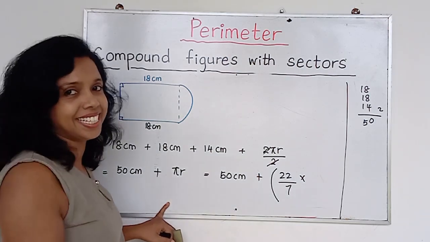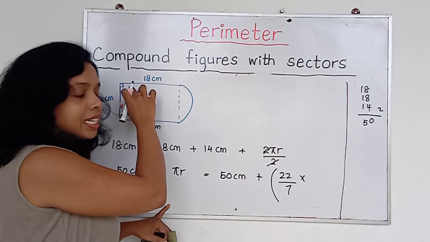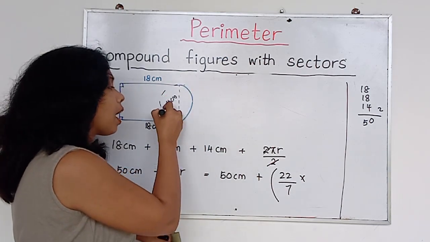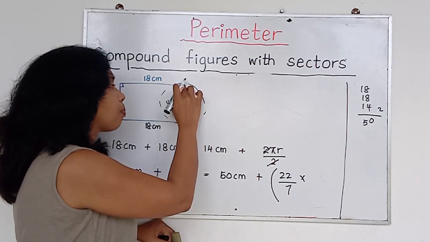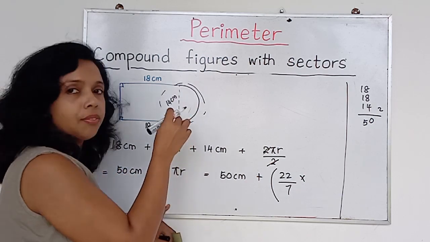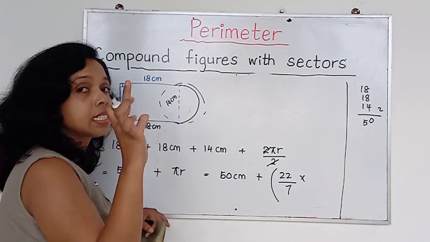Children, now look at this. This is a rectangle and this side is 14 centimeters. Now this side also should be 14 centimeters. It is the diameter of this given circle, right? We have a half circle, but what is this length? We can take it as the diameter.